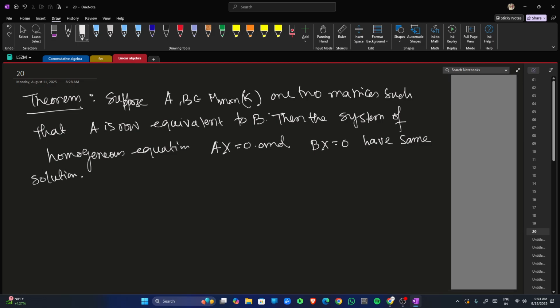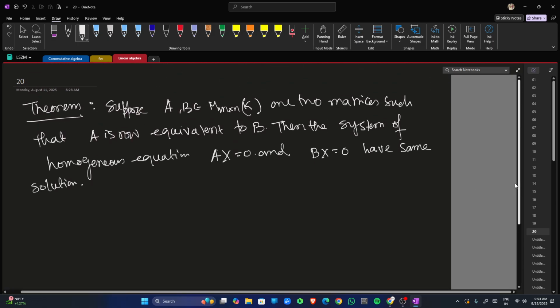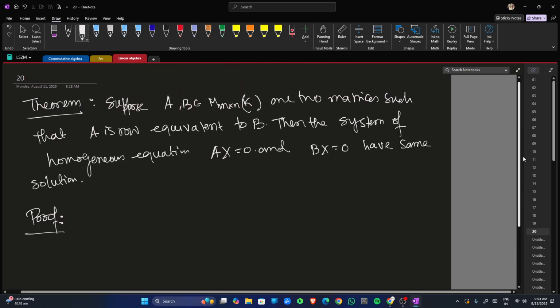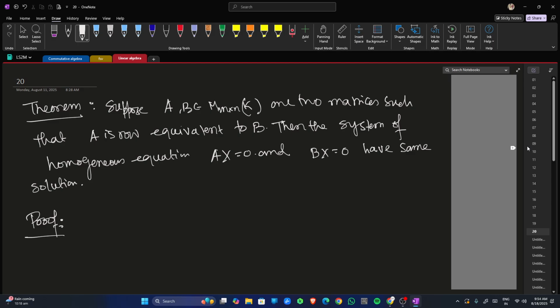So basically this theorem shows why we are interested in row operations. If you can give some row operation on a matrix so that it becomes nice, in the sense that it has few non-zero rows, and each row has fewer non-zero elements, then computing the solution of this equation becomes easier.